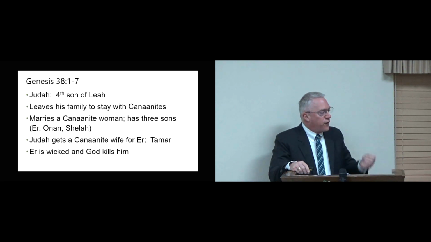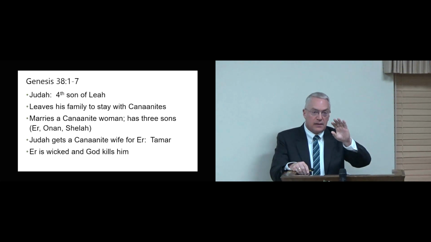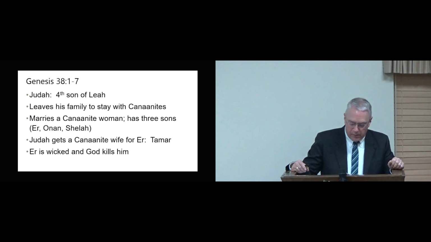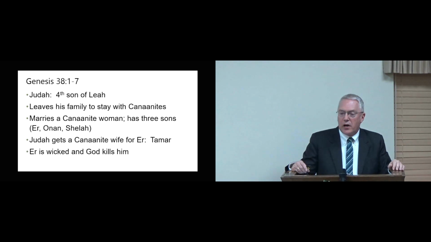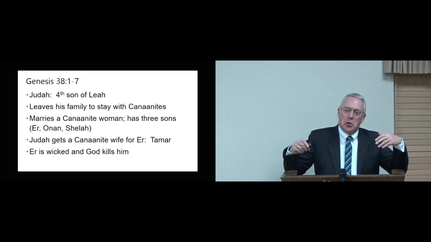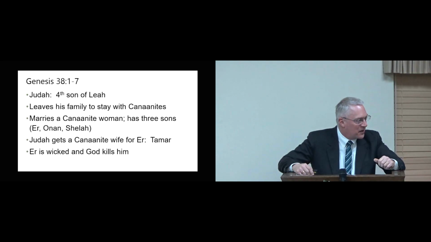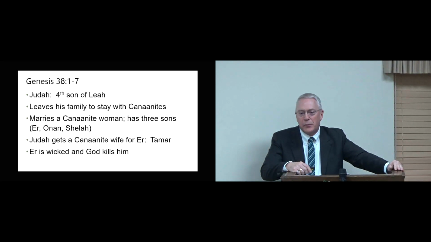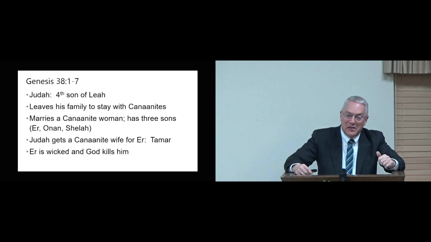So Judah was the 4th son of Leah, and he, at some point, decides to leave the family and go stay with the Canaanites. This was not a good move. God told Abraham, Isaac, Jacob that the local people did not honor him. And eventually, of course, God said they were going to be wiped out because of their wickedness.